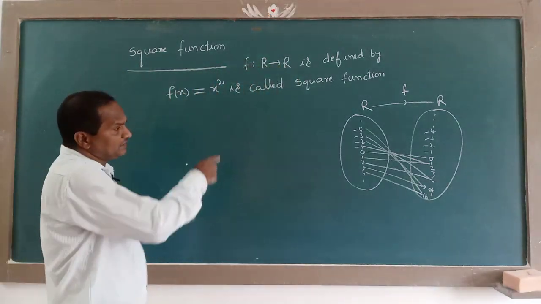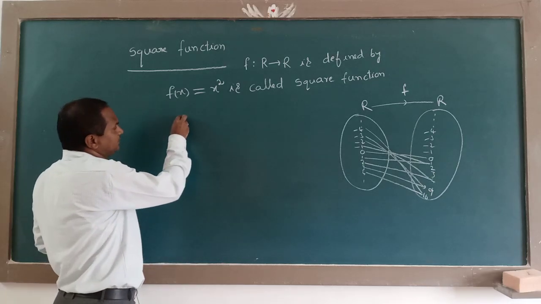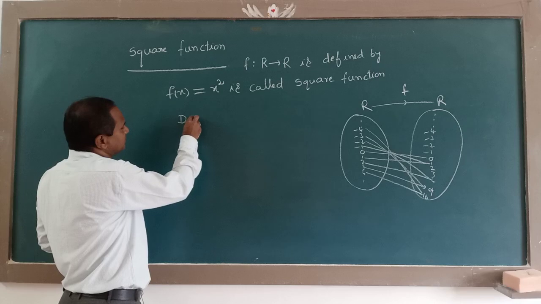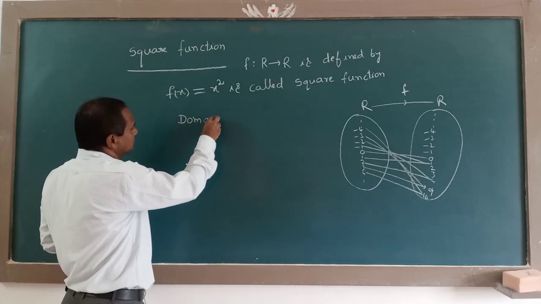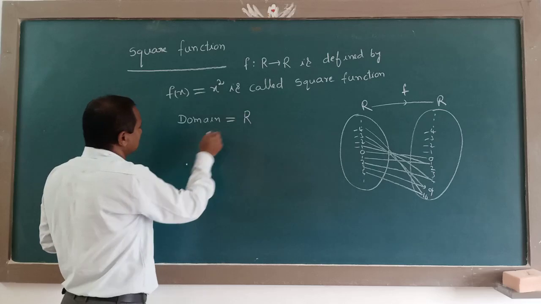From that diagrammatic representation we can write: domain of the square function is equal to R, the set of all real numbers.